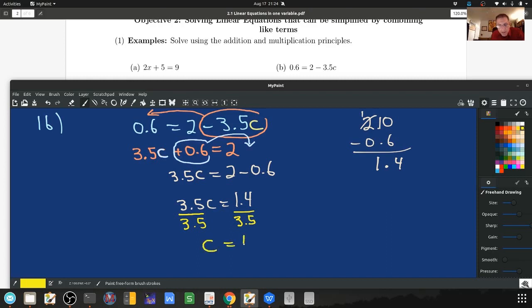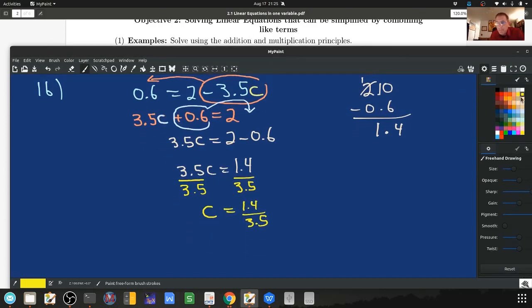And over here I get 1.4 over 3.5. But this is not an answer I like, and it's not an answer that my math lab is going to like. We want to change that. So how do I simplify 1.4 over 3.5? This is when you're dying to get out your calculator.